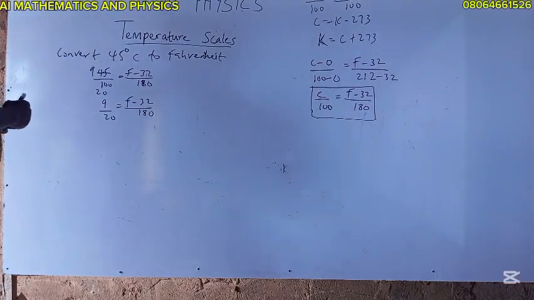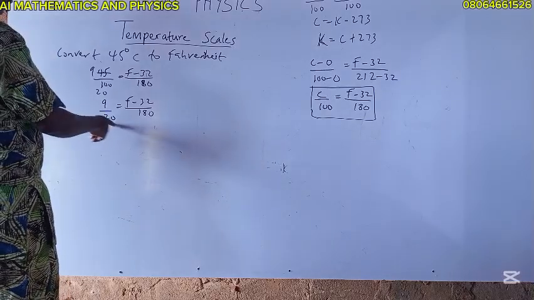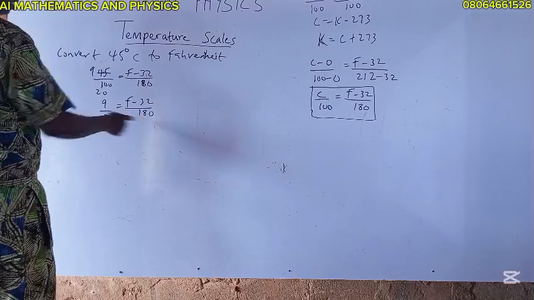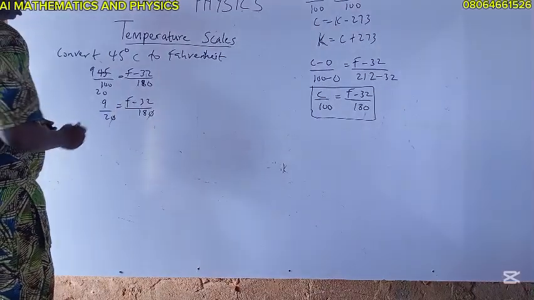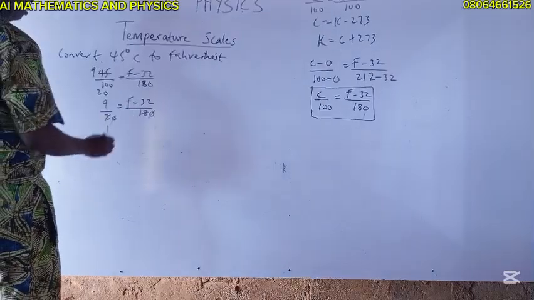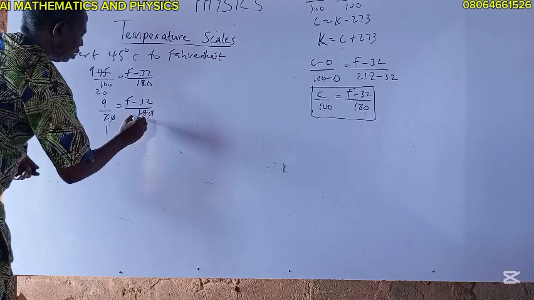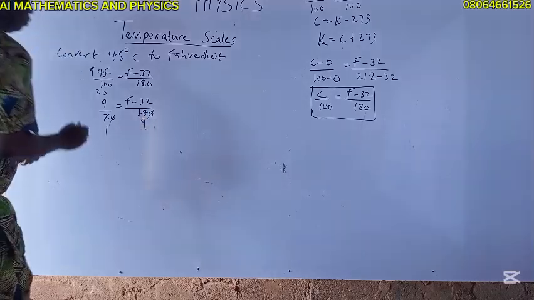If you have been solving by matches, you can cancel this one here. Then 2 here, 1, 2 here, that is a 9.